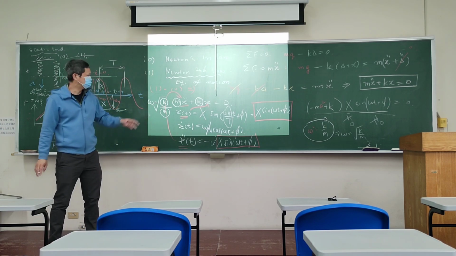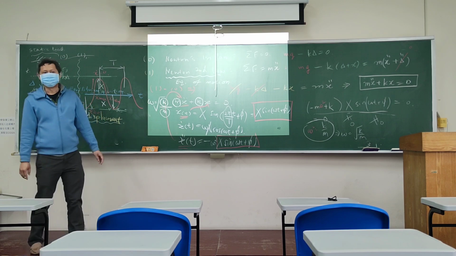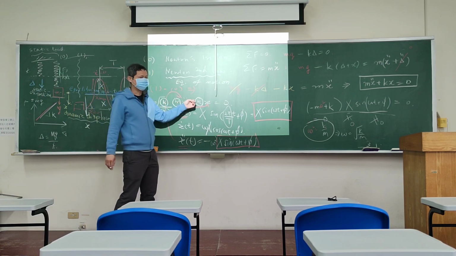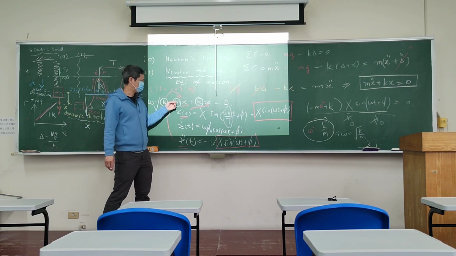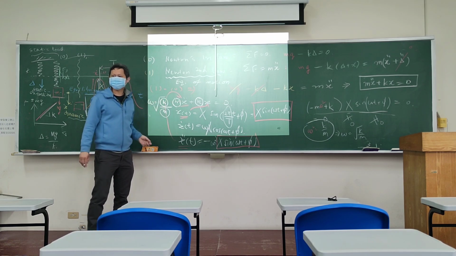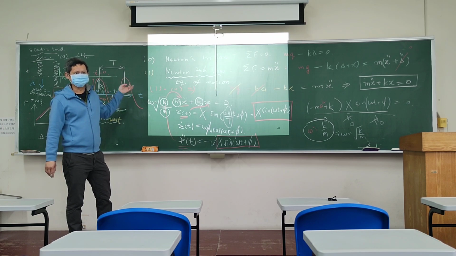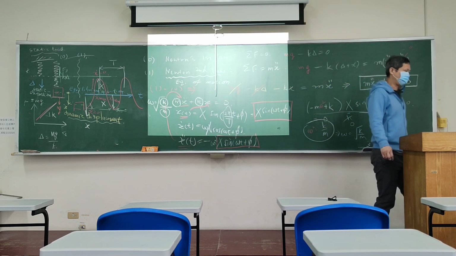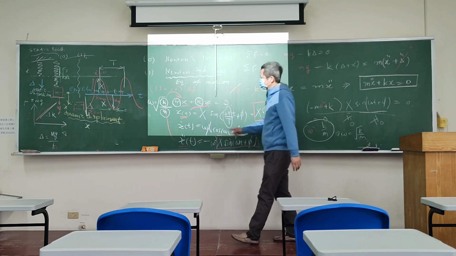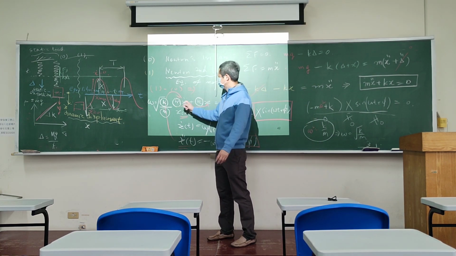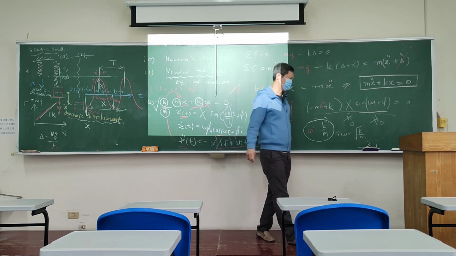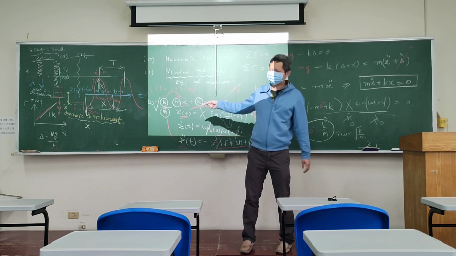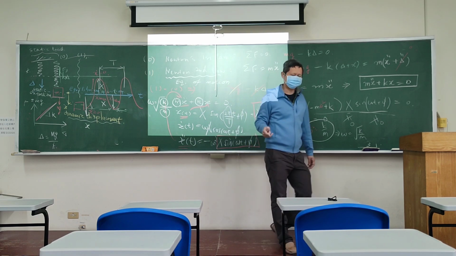So from now on when you see a differential equation, you don't need to plug in these formulas. If it is a second order differential equation with no first order term, you directly take the zero order coefficient as the numerator and the second order coefficient as the denominator, take the square root, and that is your angular natural frequency. So in this case, you do not need to solve the ordinary differential equation. By simply looking at the coefficients of the second order ordinary differential equation, you can write the natural frequency. This is not only applied to the case without first order derivative.